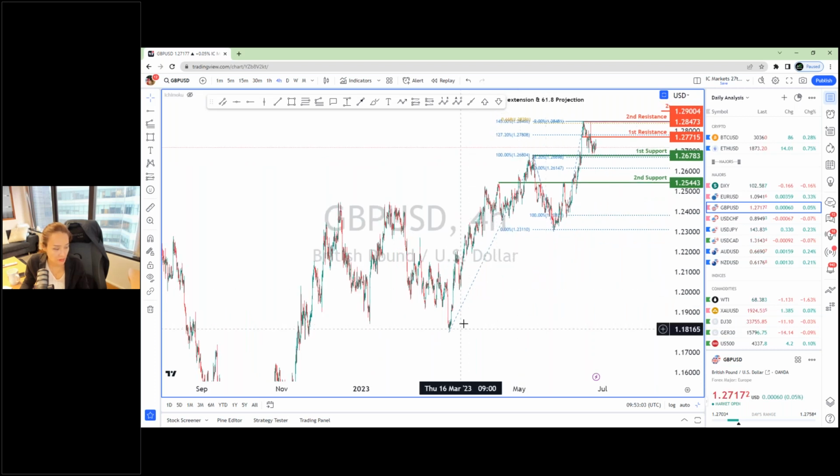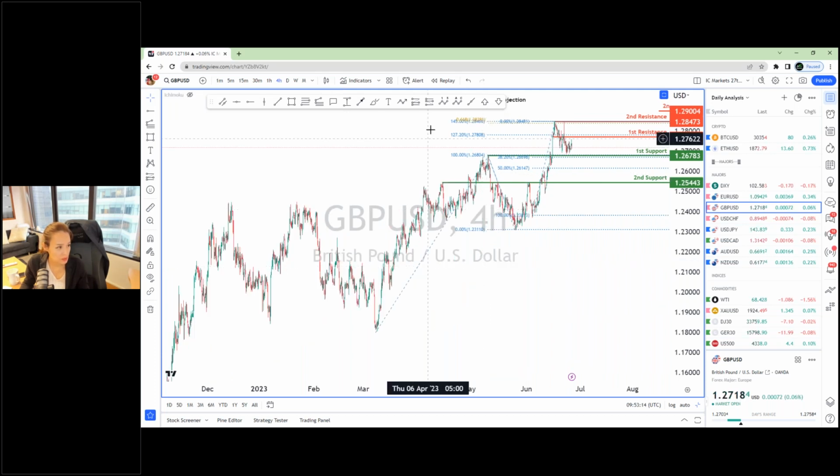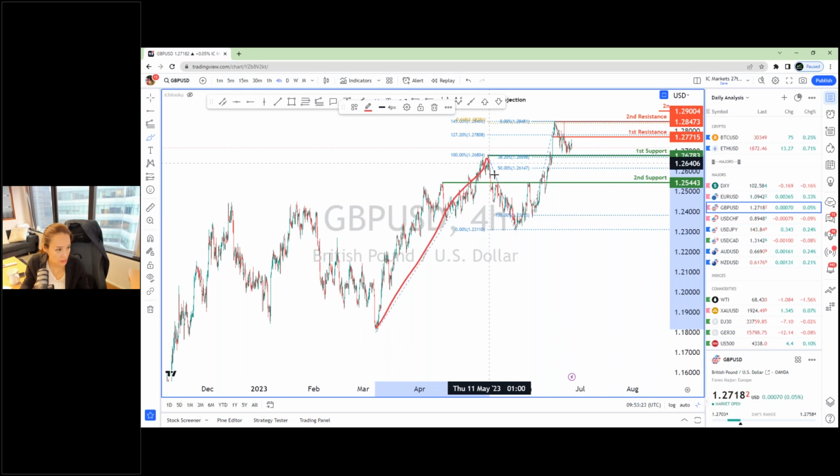Like I said, if you want to use projection, in TradingView it's called fib extension, but we use it for projection. For the projection, you need to find a zigzag, right? Here I draw from this one to this one to project this level. Okay, so far so good, right, guys?